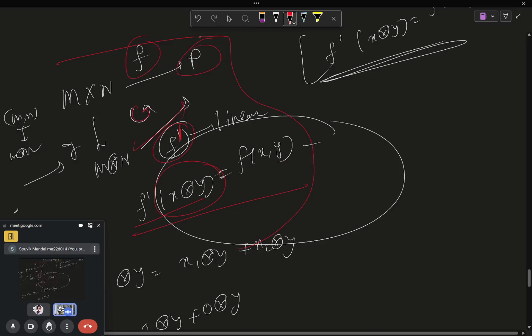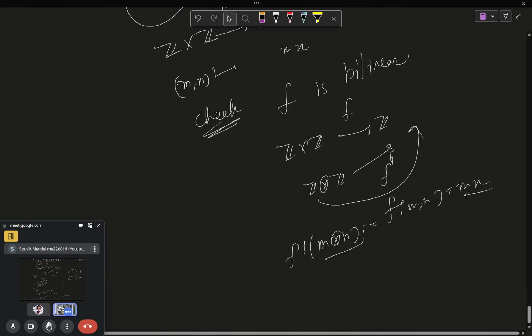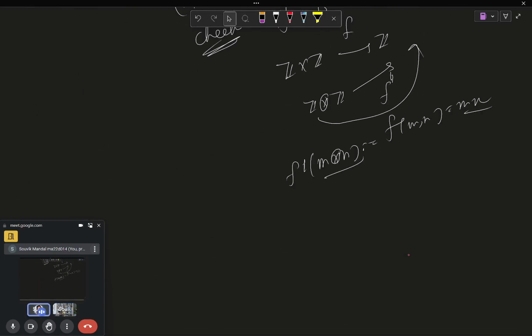So that's what it is. In our situation, f dash of m tensor n equals f of (m, n), and in our case, f of (m, n) equals m into n. Do you understand the point?